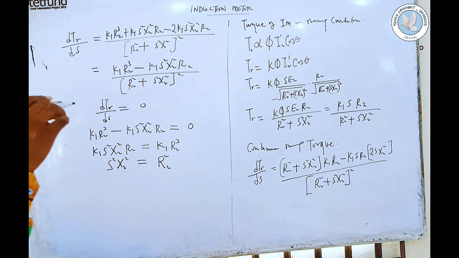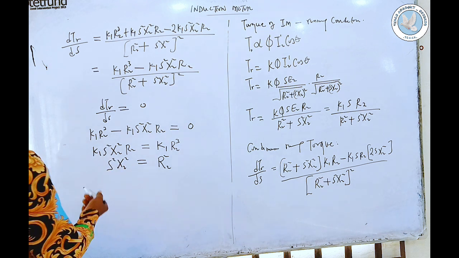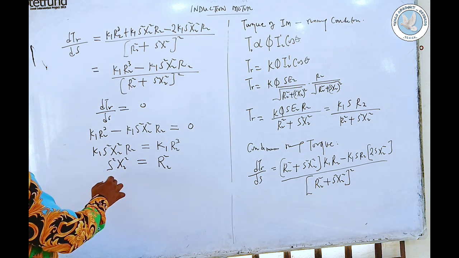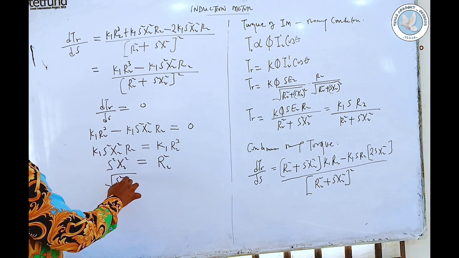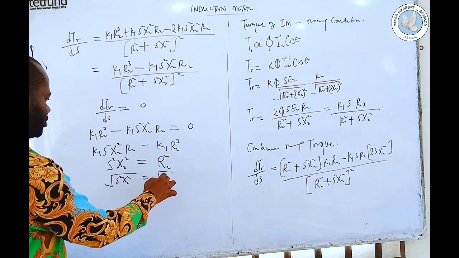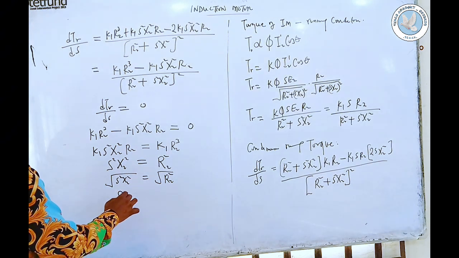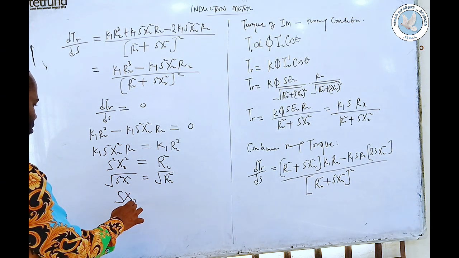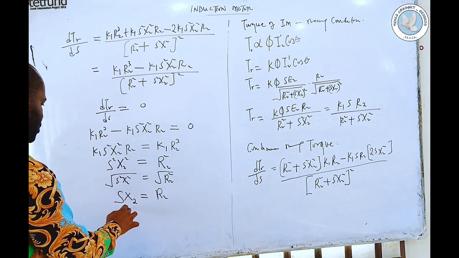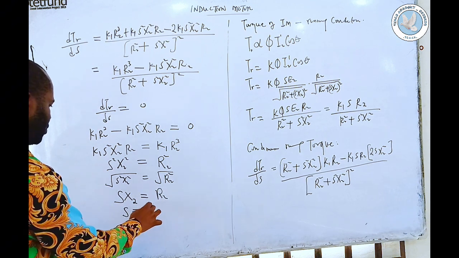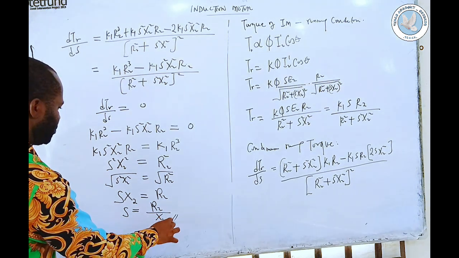So taking the square root of both sides, we have S this equals to half this. So S is actually equal to this divided by X.